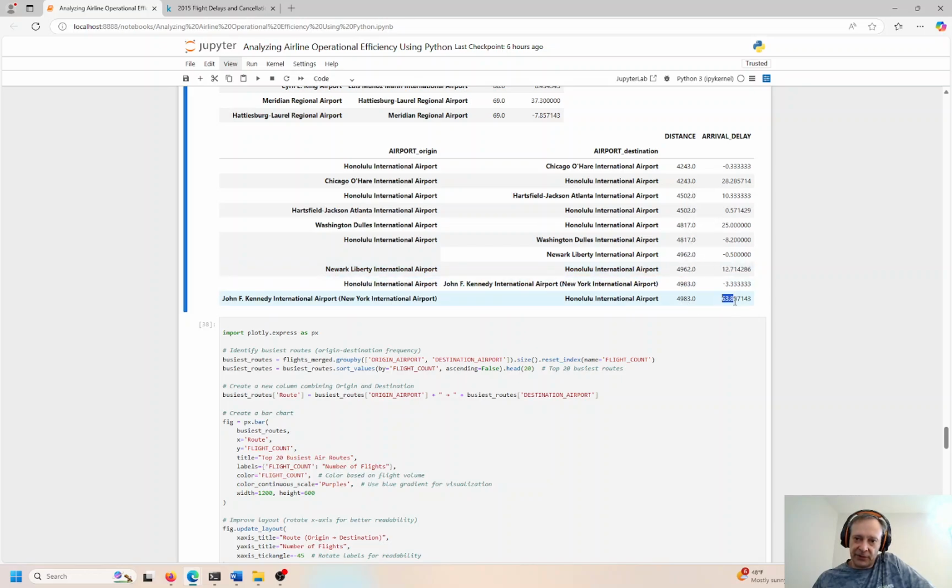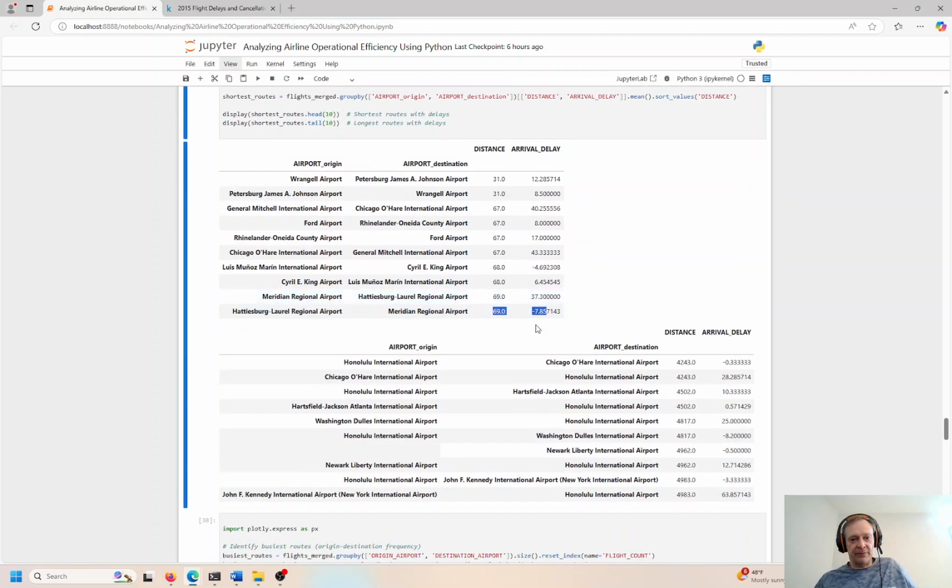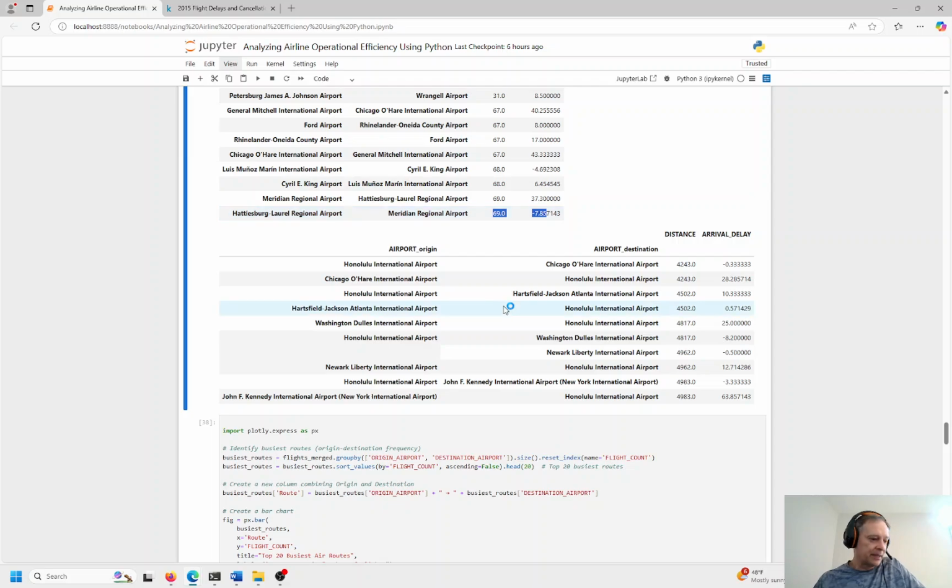So, 63 minutes of delays. This one is pretty far and actually got there about 3 minutes ahead of schedule. And this one is pretty far too. It got there just 12 minutes late, not too bad. But you can see over here, the shorter the distance, the fewer the delays, because what can happen, right? You're only going 69 miles. That's not too far. So that's that.